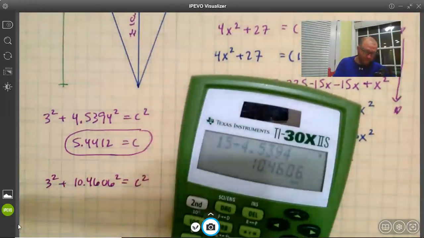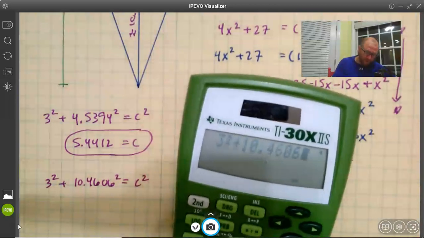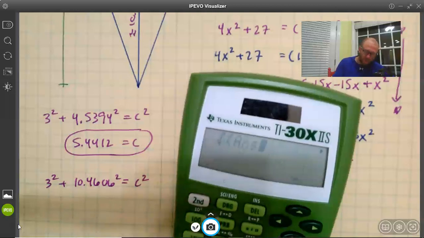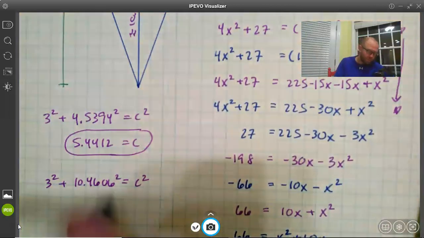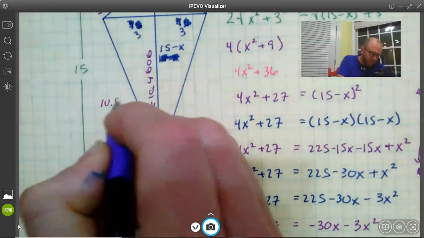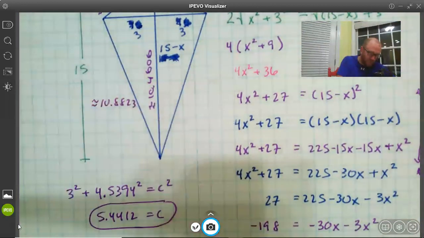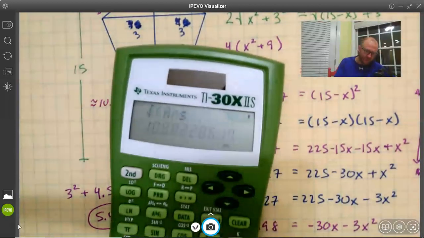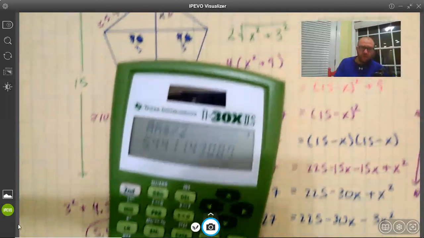So 3 squared plus 10.4606 squared equals, and we'll take the square root of that. And we get 10.8823, and that's this side over here. And so half of that, divided by 2, is 5.4411.